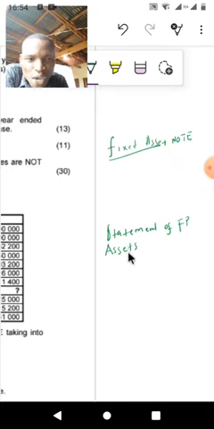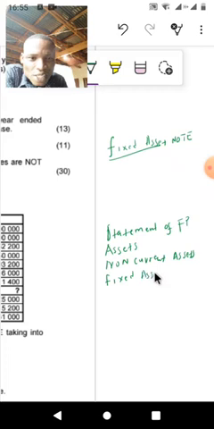We start with assets, then we will say non-current assets. And under non-current assets, we know that we are going to find fixed assets. So in the balance sheet, we do find fixed assets.